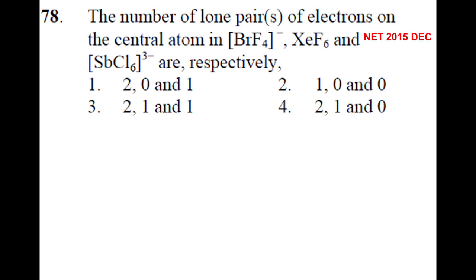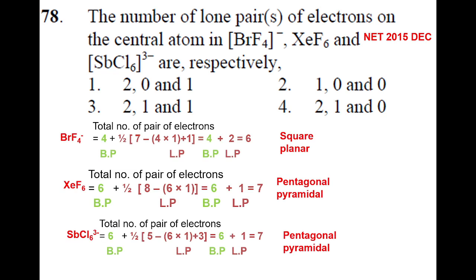Number of lone pairs of electrons on the central atom in BrF4 minus, XeF6, SbCl6 3 minus. So it is asking about the lone pairs, how many lone pairs are present in these molecules? If we talk about BrF4 minus, the total number of lone pairs is 2. If we talk about XeF6, the number of lone pairs is 1. If we talk about SbCl6, antimony is in the nitrogen family: nitrogen, phosphorus, arsenic, antimony.